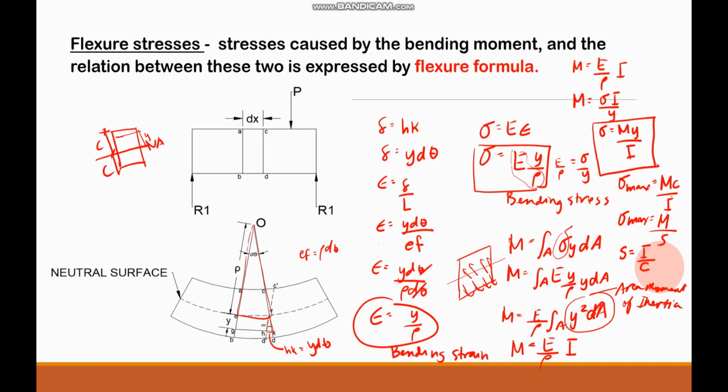So kindly take note that positive bending moment causes negative or compressive stress above the neutral axis and positive tensile stress below the neutral axis.